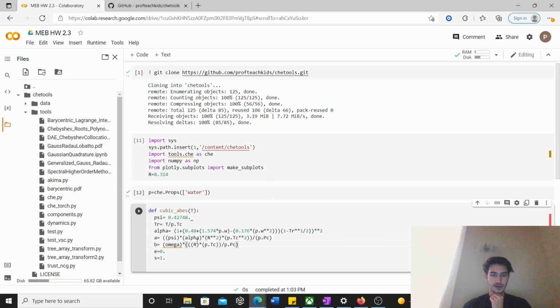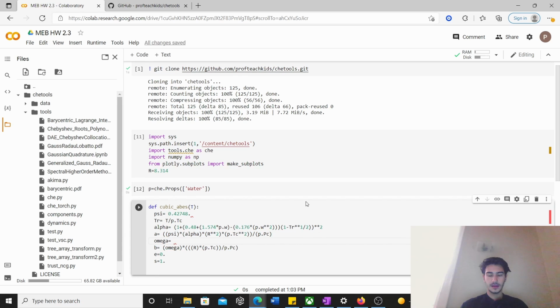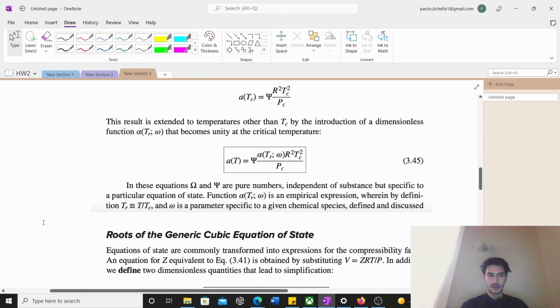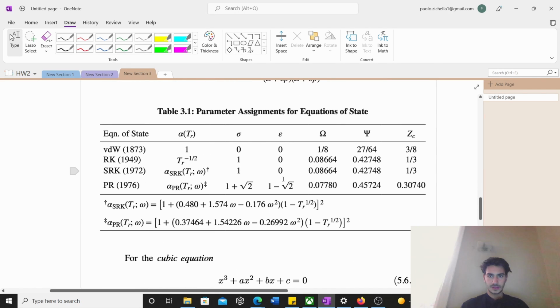There we have it. But now we also have another unknown, omega. We don't know what that is, so we have to give that another value as well. Omega can also be given from this file back here. Just scroll down to the original table. We see that omega is a constant for SRK, and it's given as 0.08664.